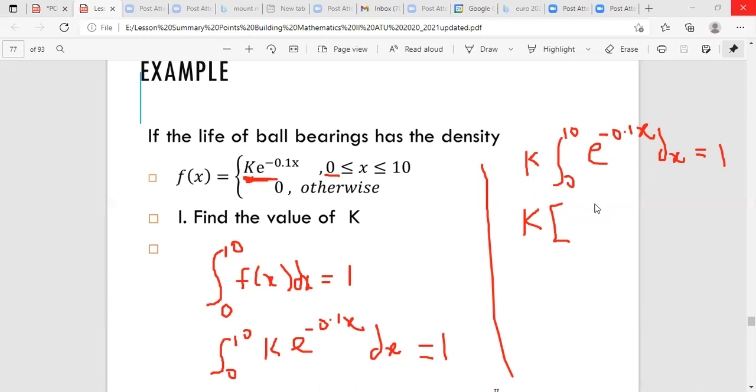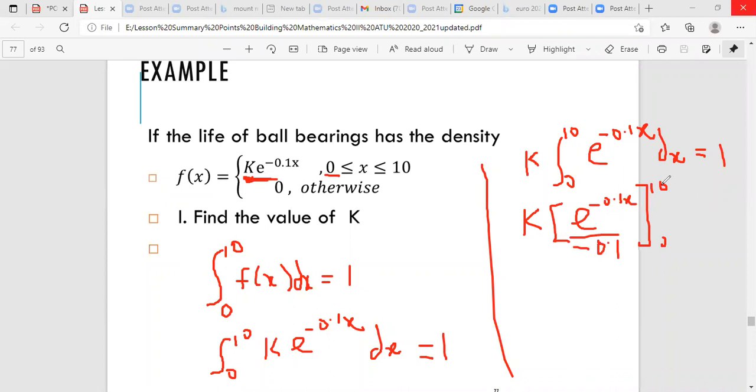So we are going to have e raised to the power negative 0.1x over minus 0.1. Then you have to bring our limits of evaluation, which will be 0 to 10.